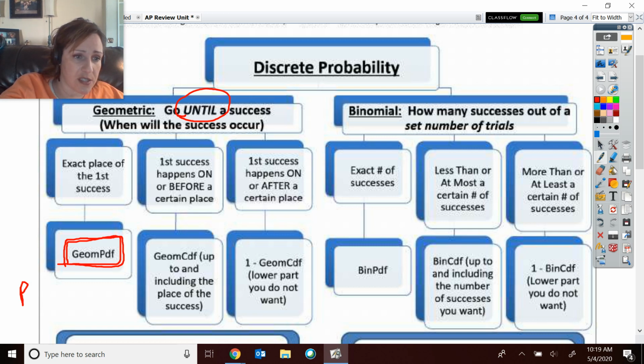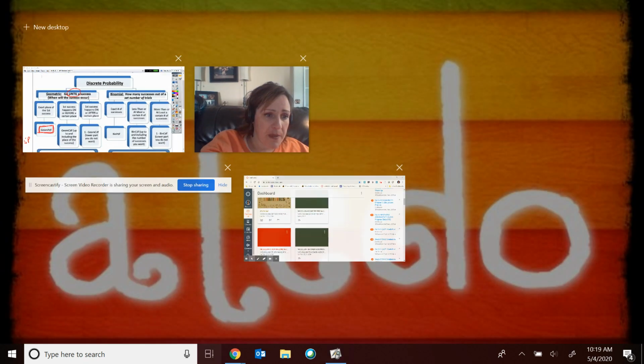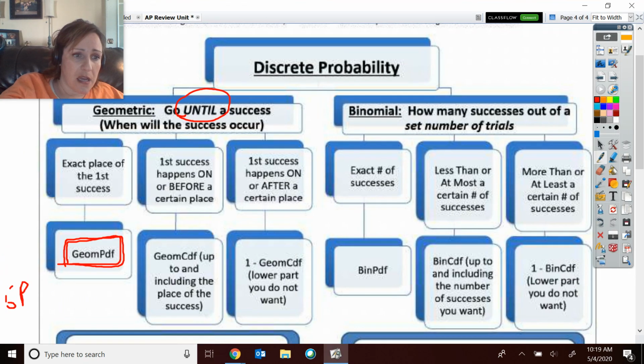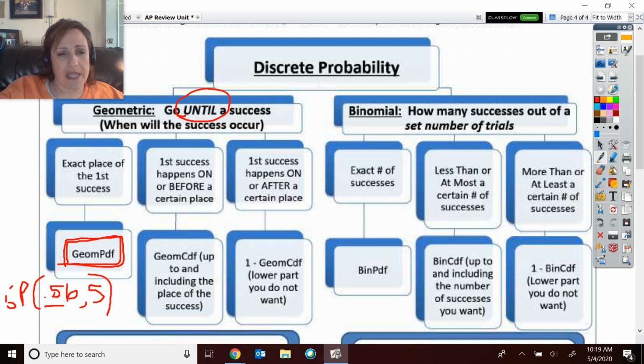No Japanese until this 5th spot. So geometric PDF of, let's see, I want that 56% to occur for the first time in that 5th spot. Okay? All right, if I say, what's the probability that you see a Japanese on or before the 5th spot?